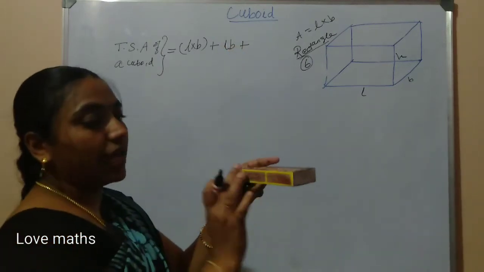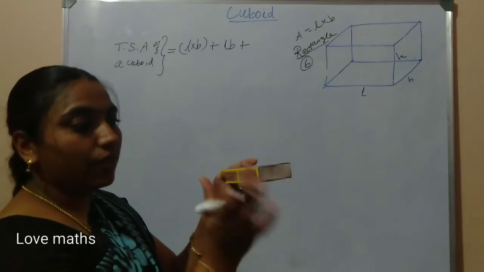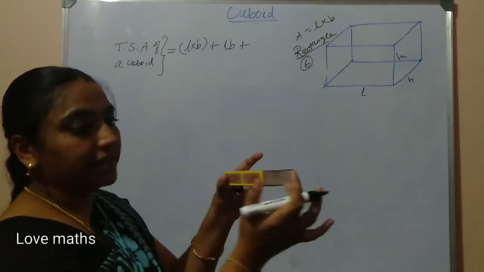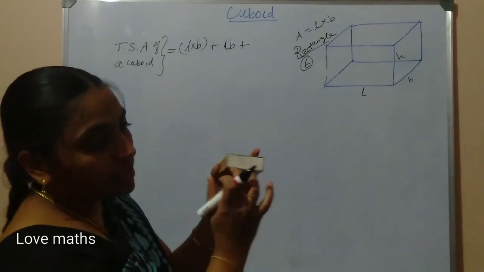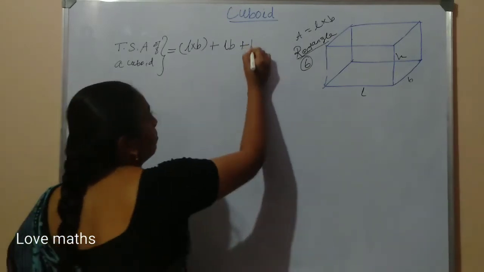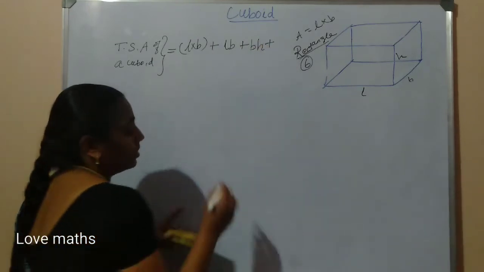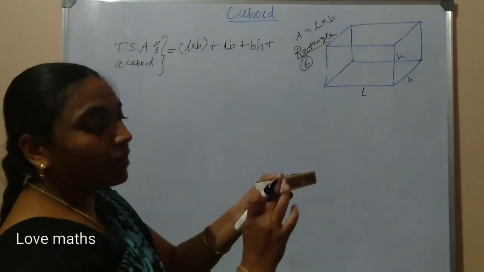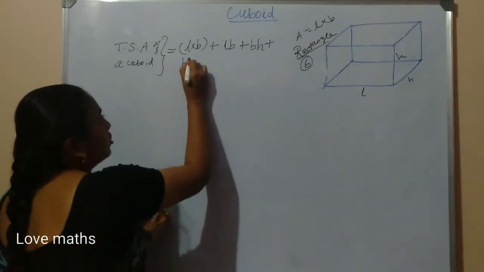Next, top and bottom are done, we take these 2 sides. This is the height, this is the breadth, so this area is B into H. This side also the same, breadth, height, BH.